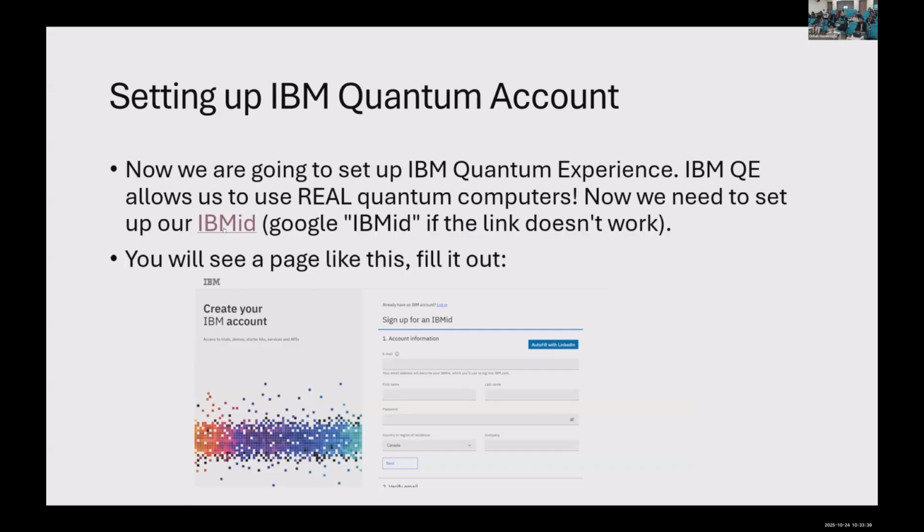And create an IBM ID account. Fill the page out, please.